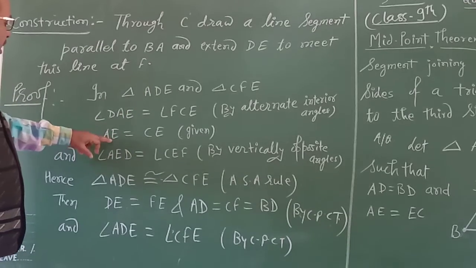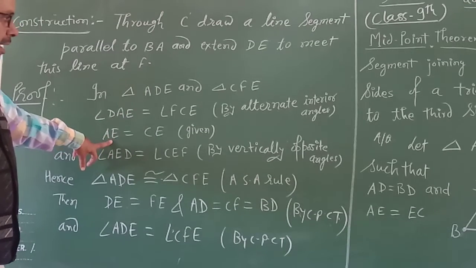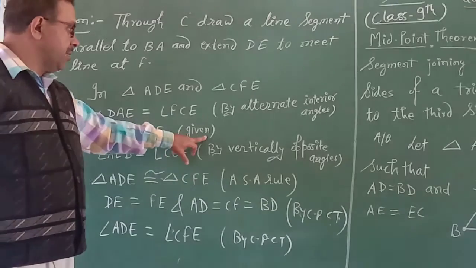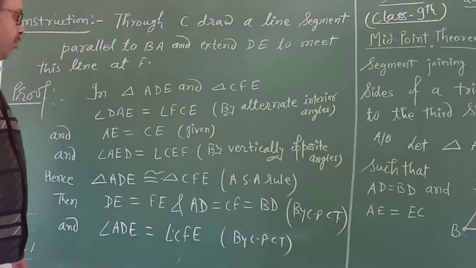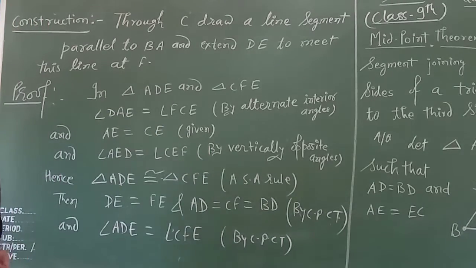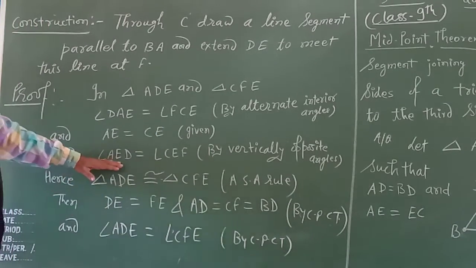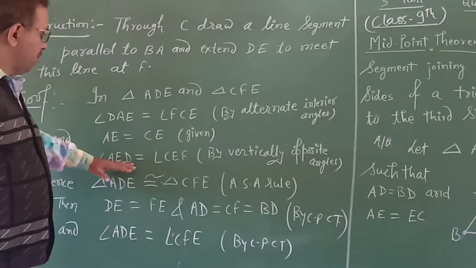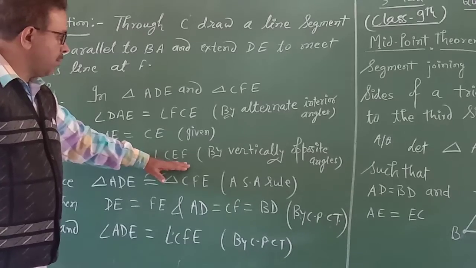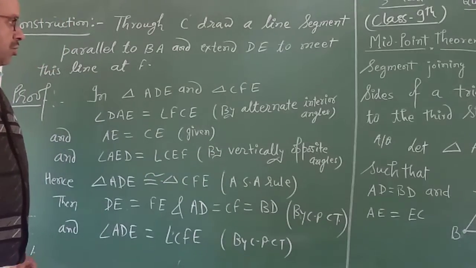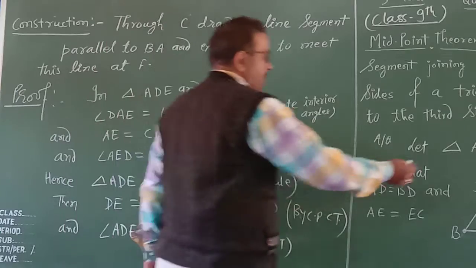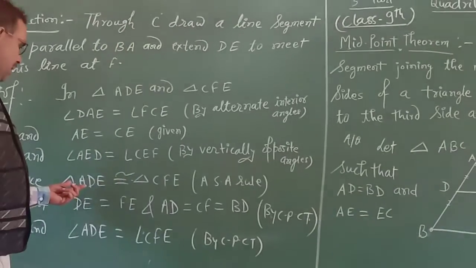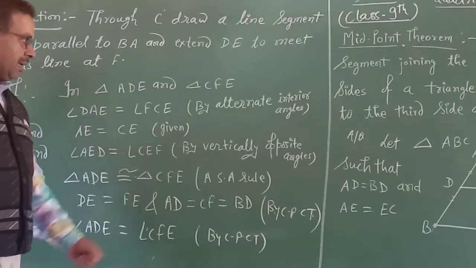Similarly, in the second point we have AE equal to EC, since we are given that E is the midpoint of the line segment AC, and angle AED is equal to angle CEF by vertically opposite angles. So by angle side angle we get triangle ADE congruent to triangle CFE.